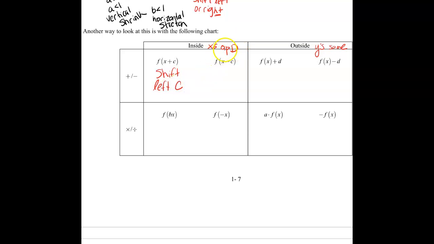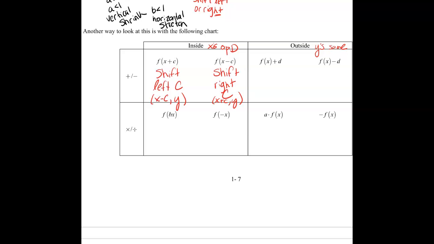Versus if I have f of x minus c, then it's going to shift me right c. Alright, so I would have something like x minus c comma y, and then I'd have x plus c comma y, which is kind of nice.